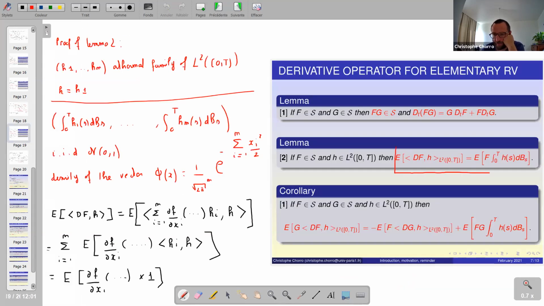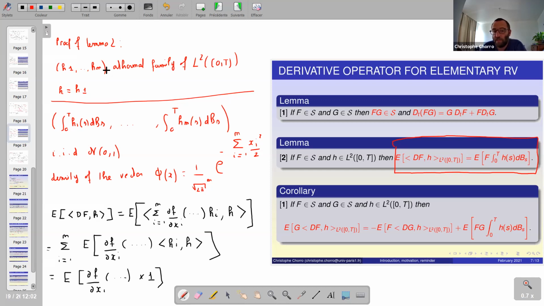And what is nice to remark is that up to my argument that tells me I can simplify the things a little bit at the beginning, supposing that I have between the mappings in L2 of 0, capital T some orthogonality constraints, and the fact that the vector h can be considered as h1.